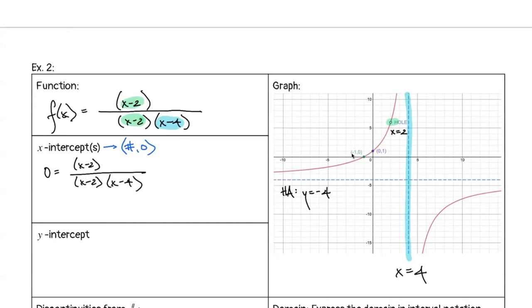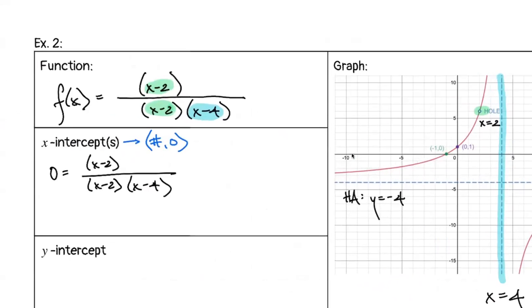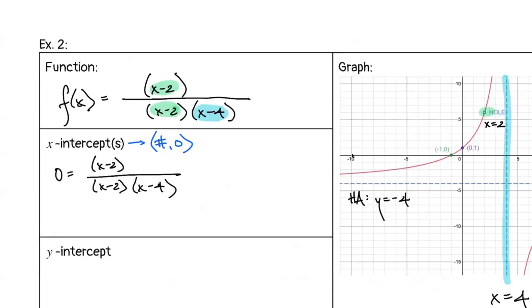2, -1. All right, let's see. We zoom in here. Where does the function cross the x-axis, which is right here? And it does look like it's going to be at -1. Okay. So let's take that value. I want to have, when I set just the numerator equal to 0, okay?